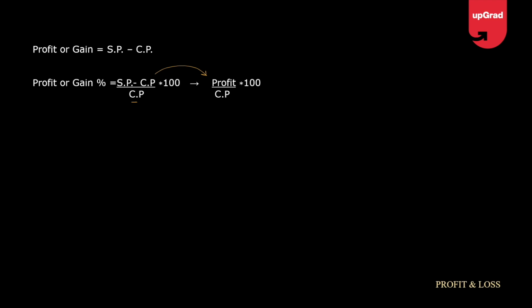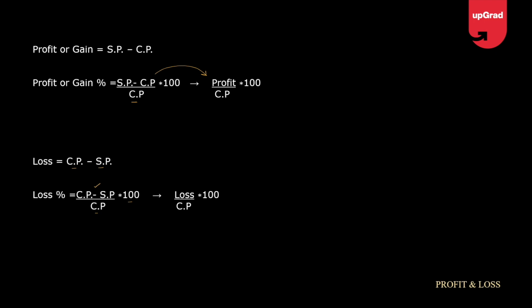So the same formula can be rewritten, in terms of profit value, as profit divided by cost price multiplied by 100. Now what happens when it is a loss percentage or a loss? So loss certainly happens when cost price is more than selling price, and therefore the formula for loss becomes cost price minus selling price. And therefore loss percentage is equal to cost price minus selling price, that's my numerator, divided by cost price multiplied by 100.